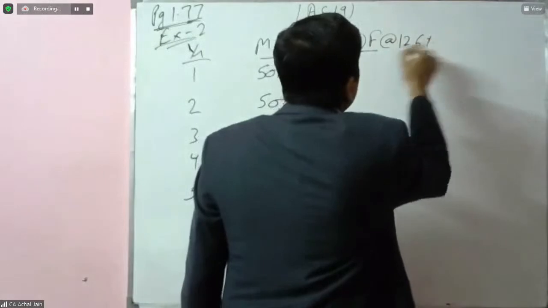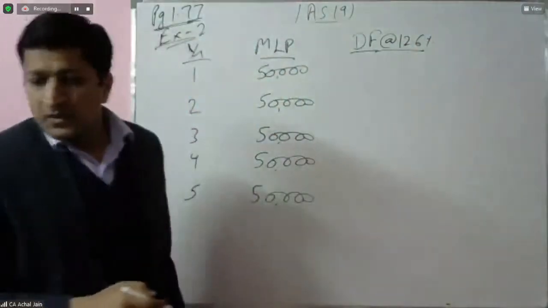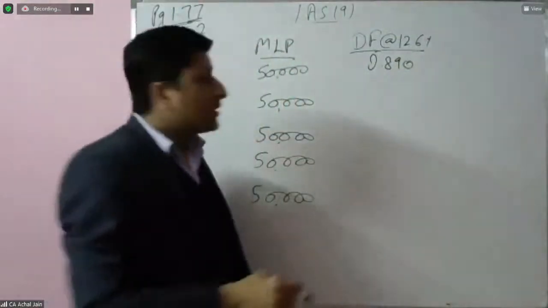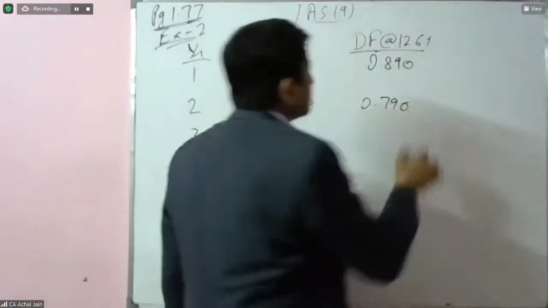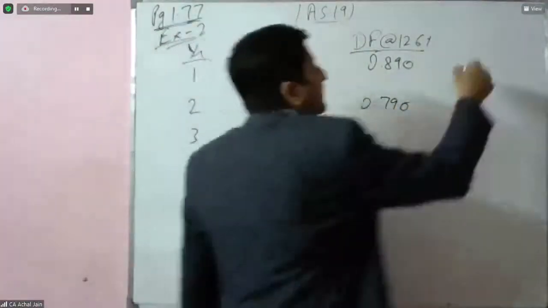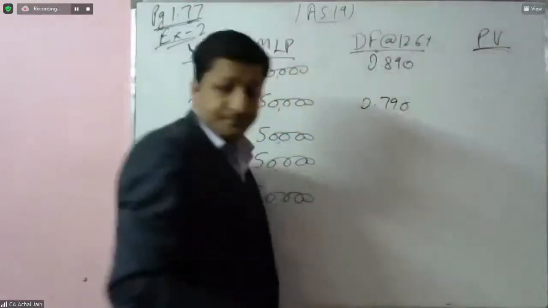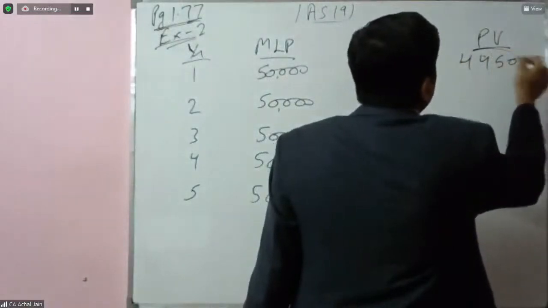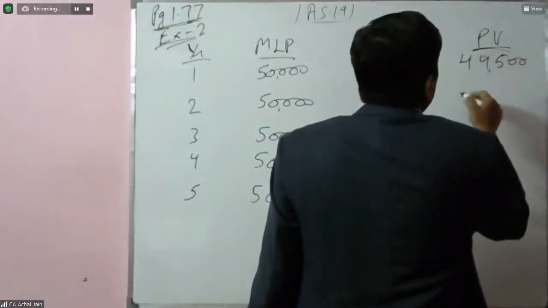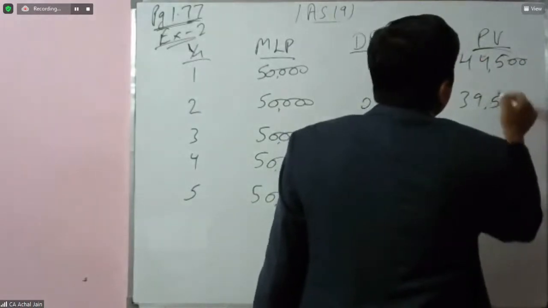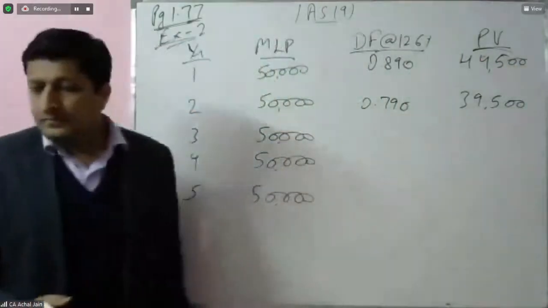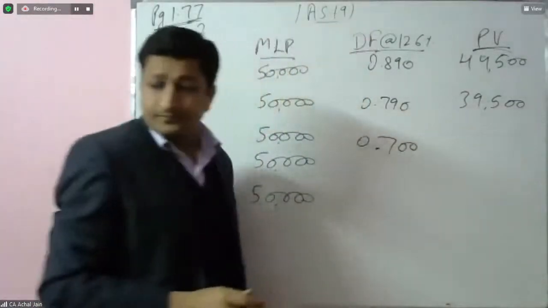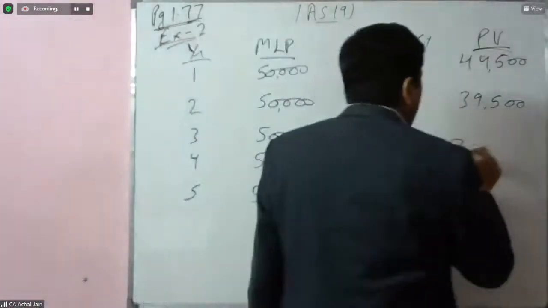We don't need to compute this, it is available in the question. 0.890, 0.790, using which we can keep computing the present value. 44,500. 39,500. 0.700. 35,000.